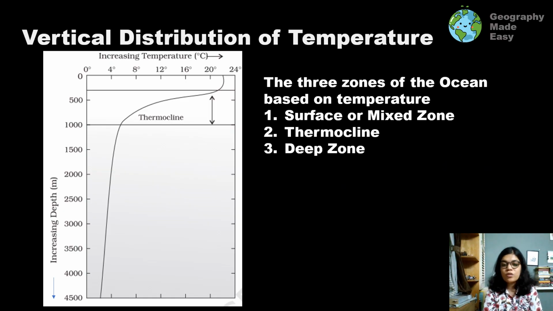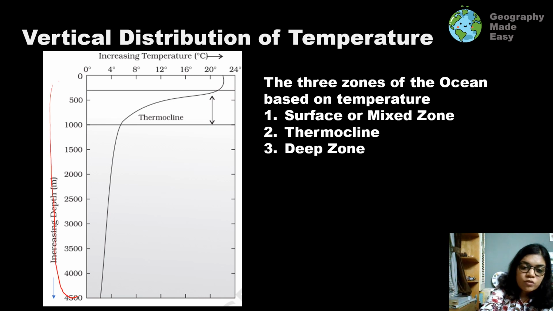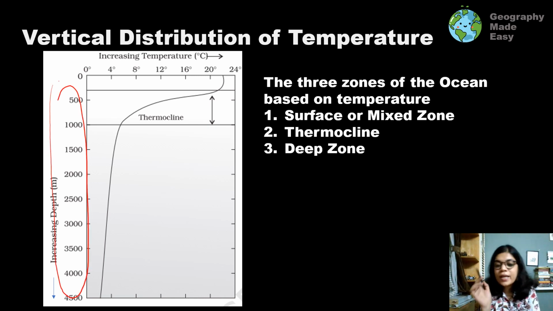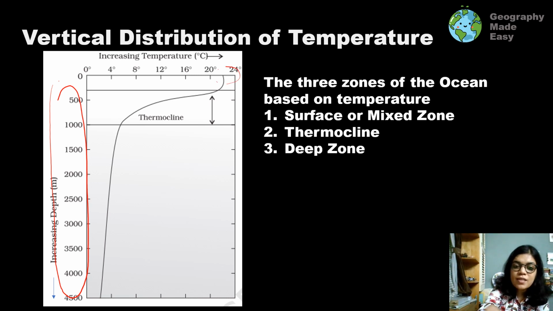Let us move on to the vertical distribution of temperature. So now we have been talking about the horizontal distribution, and now we are looking at the vertical distribution. And in vertical distribution, we are looking at the depth. From the surface to 4,500 meters depth, we can see that the temperature at the surface, which is warmer, is nearly around 22 to 23 degrees Celsius.